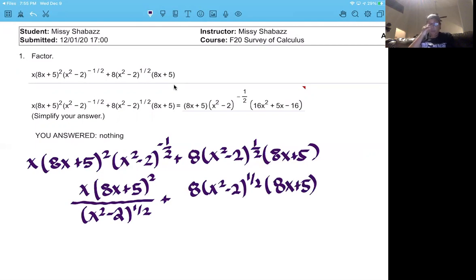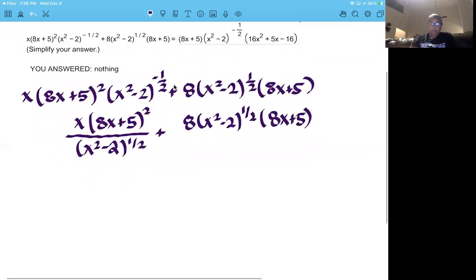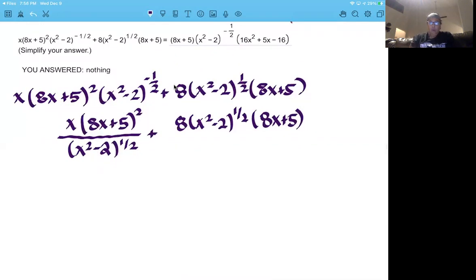I'm going to write them with the same common denominator. Since the right term does not have a denominator, the common denominator is just going to be (x squared minus 2) to the 1/2.